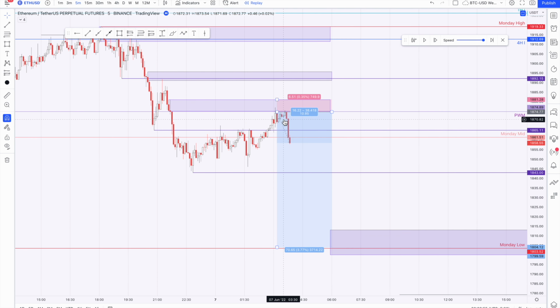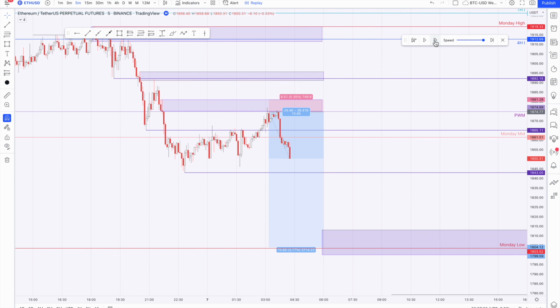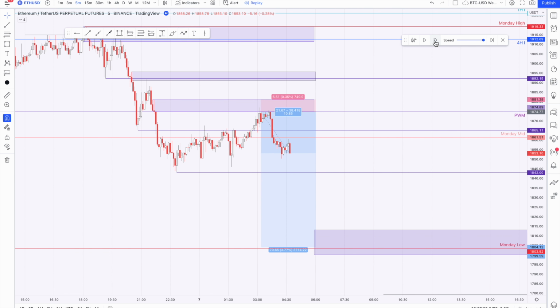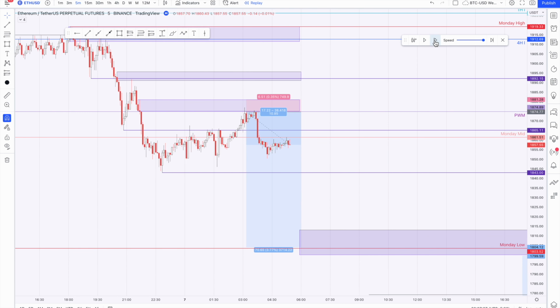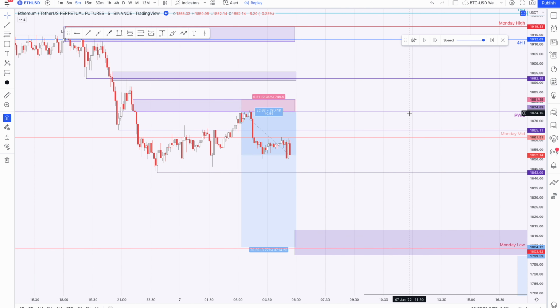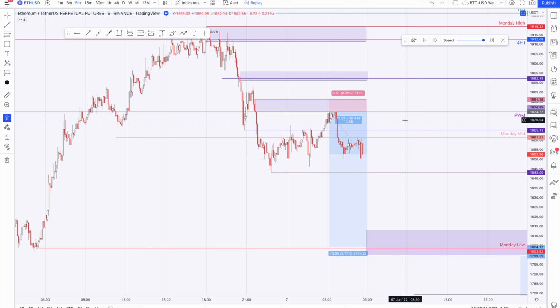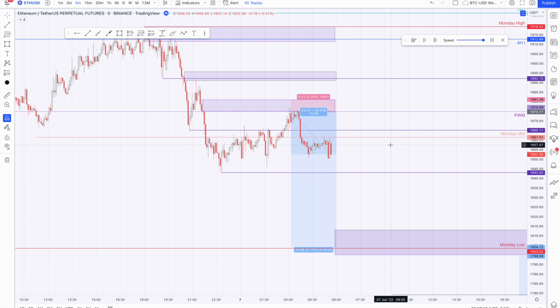What do you see here? Displacement, right? Big rejection at the level. Trying to move up, price still going down, right?